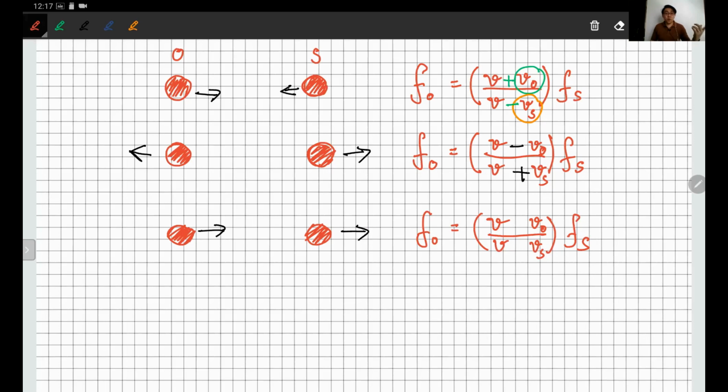Now observer moving toward the source. Frequency should be higher, so you pick positive. And the source running away, the frequency should be lower, but because the velocity is underneath right here, you want the negative sign. I'm sorry, the positive sign. There you go.